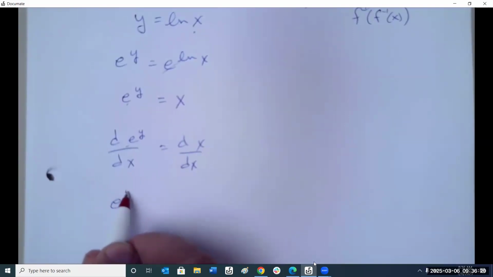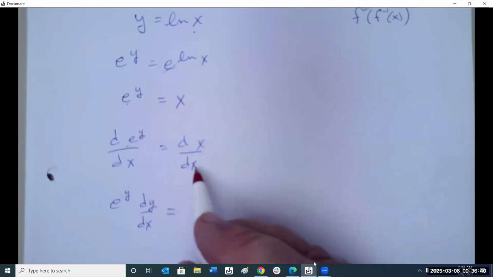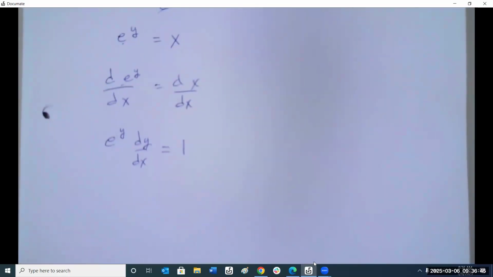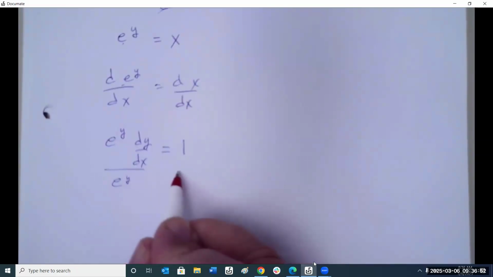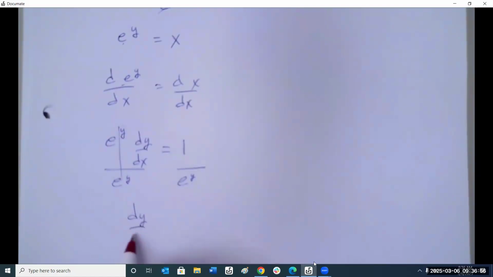It's e to the y. Since it's a composite, chain rule, we have to take dy dx. The derivative of x with respect to x is 1. Divide both sides by e to the y. So we have dy dx is equal to 1 over e to the y.